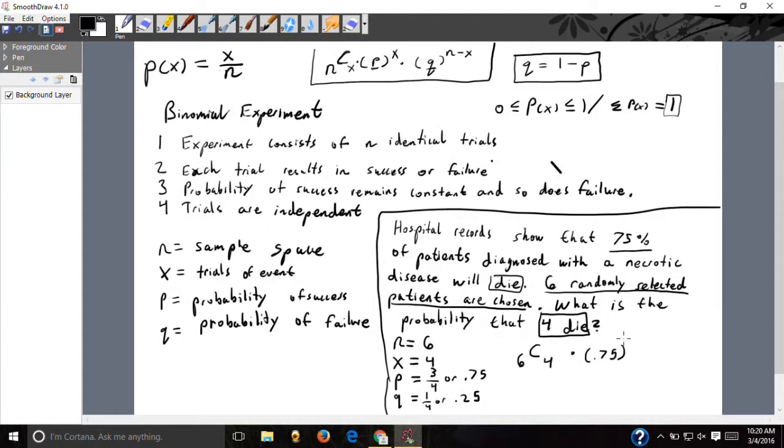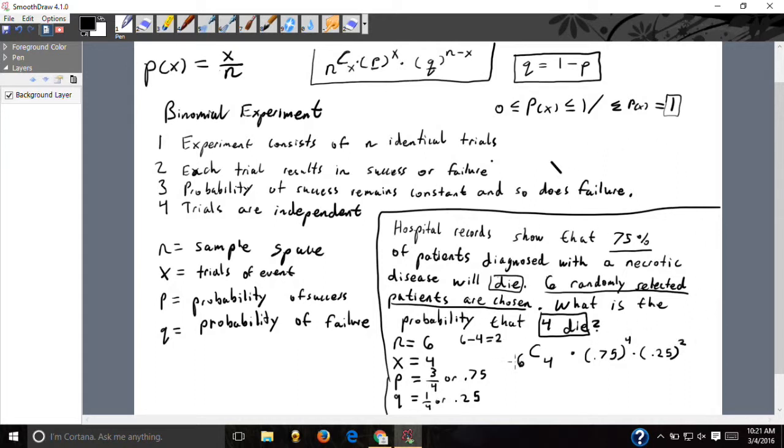So that's going to go right here, multiplied by my rate of failure. Rate of failure is 0.25 to the n minus x. So I have n, which is 6, minus x, which is 4, which must mean it's equal to 2.